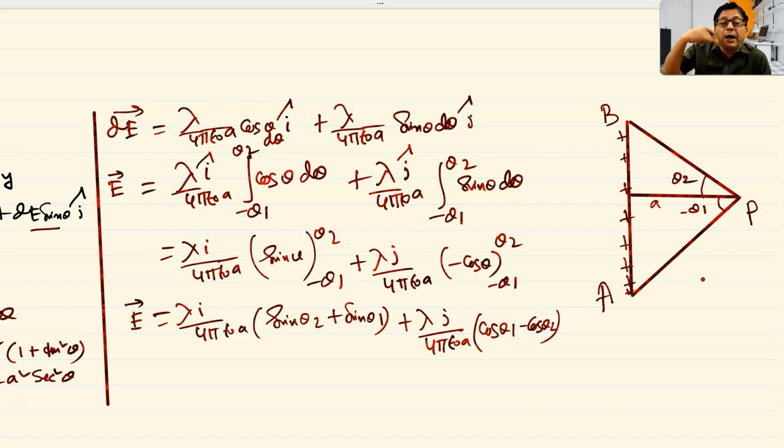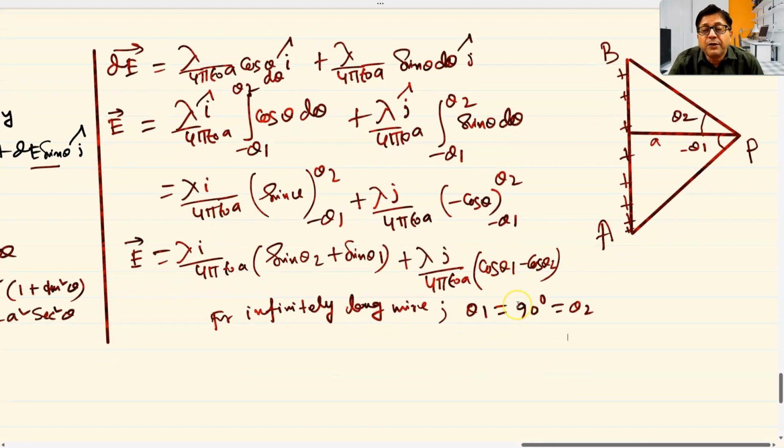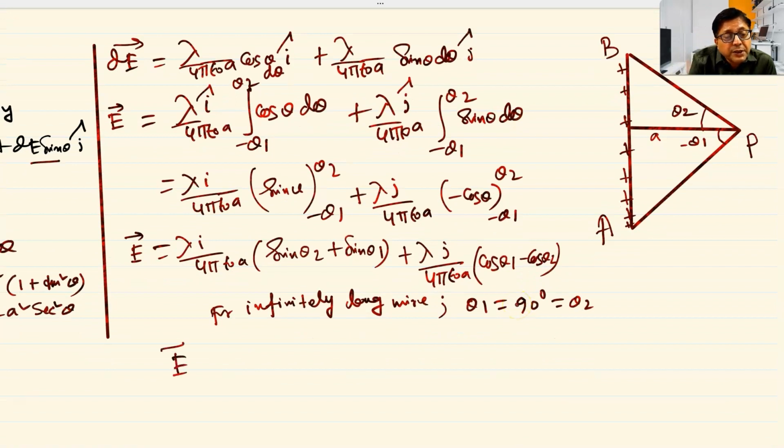Now, if we want to get it for an infinitely long wire, how to cover the whole wire if it is infinitely long? You are going to put theta 1 as 90 degree, theta 2 also 90 degree. So the value of E is going to be lambda i by 4 pi epsilon-0 a times sin 90 plus sin 90.